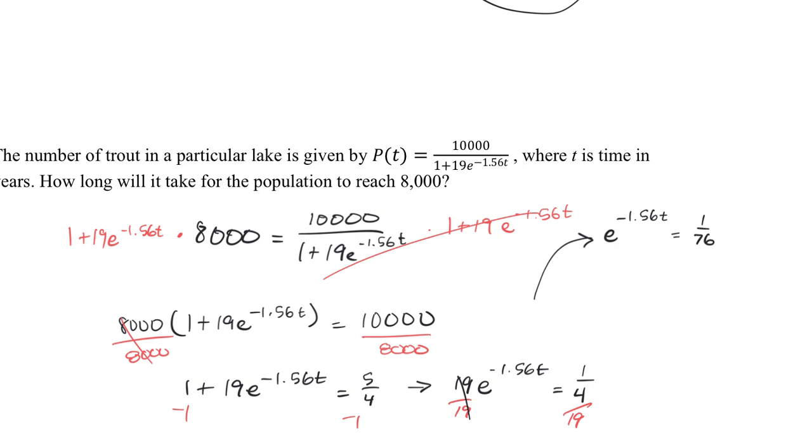Now to cancel the base e, you can use natural log. So now we divide by negative 1.56.